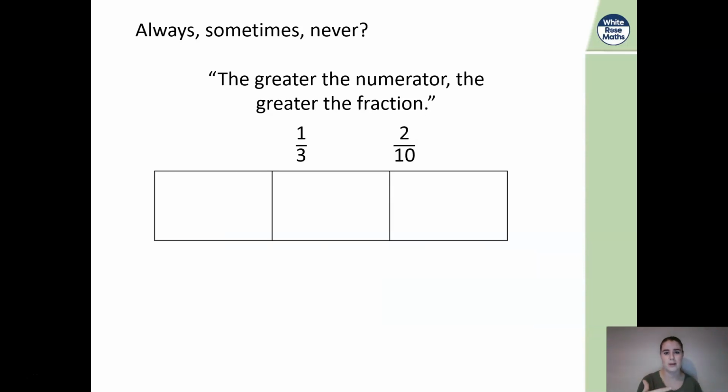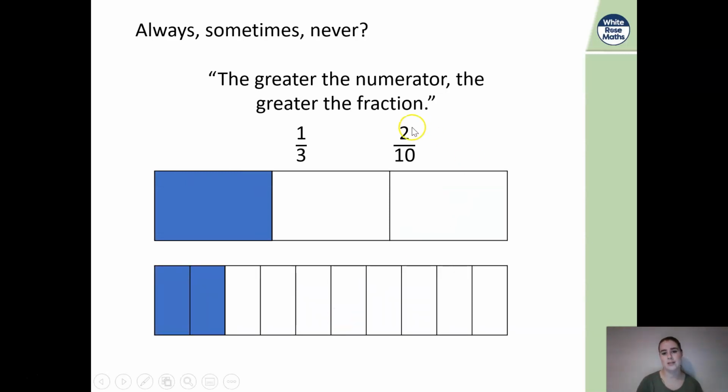So let's explore that then. Here I've got a third. I'm going to shade in 1, because my numerator tells me how many. Here I've got 2/10. Now my numerator here is bigger, but my denominators weren't the same. So here I've got 10 equal parts. I've shaded in 2. Now it says that the greater the numerator, the greater the fraction. Does that look true in this statement? No, it doesn't.